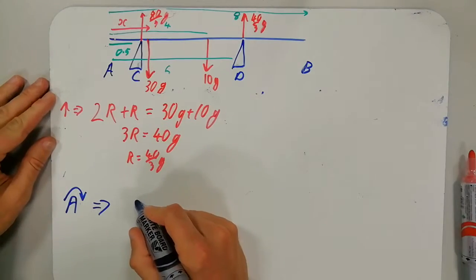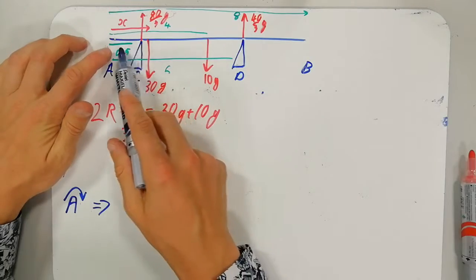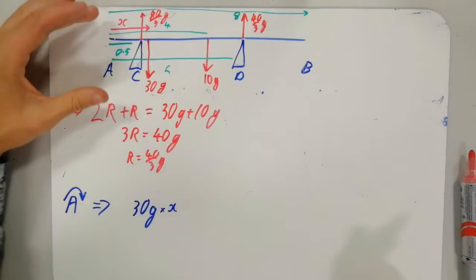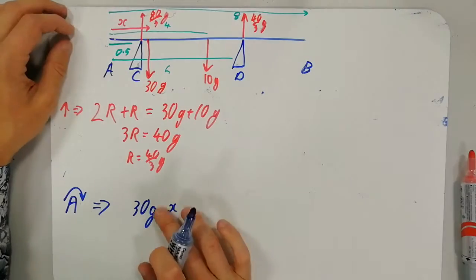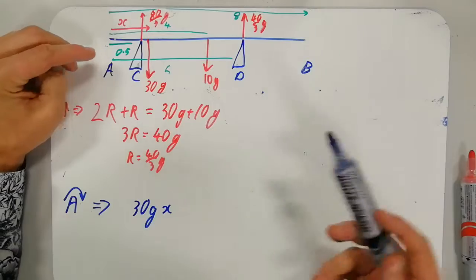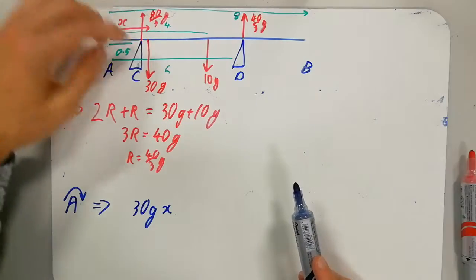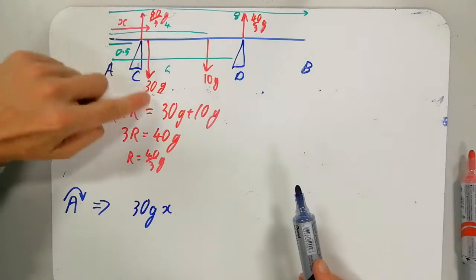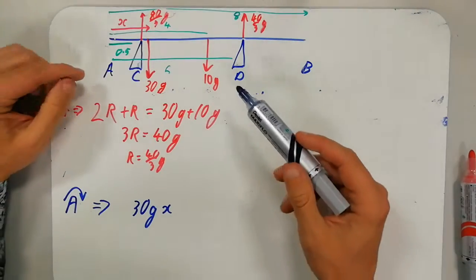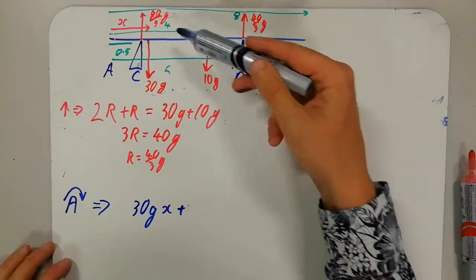So we can say that 30g, the force there, multiplied by the distance, so moments are always force times perpendicular distance. So you see we're travelling across and down, so we're doing force times the perpendicular distance, x. We've also got another anti-clockwise moment.